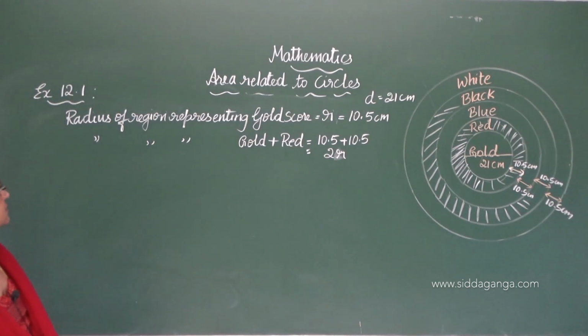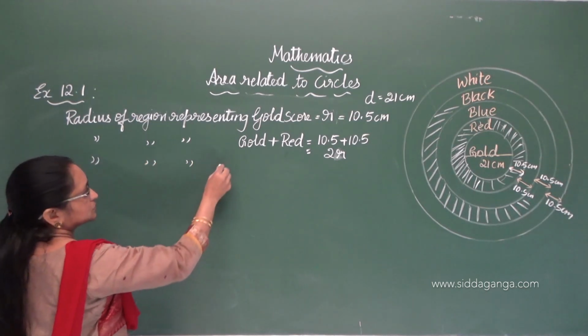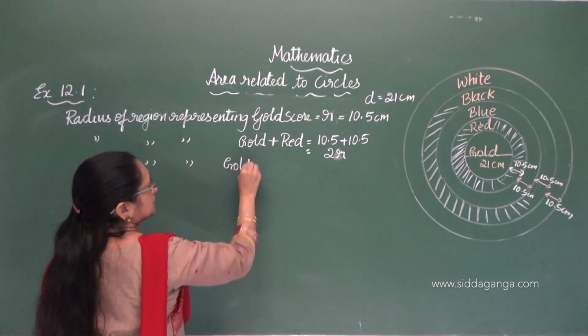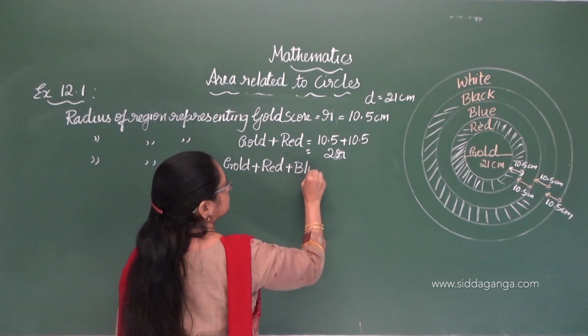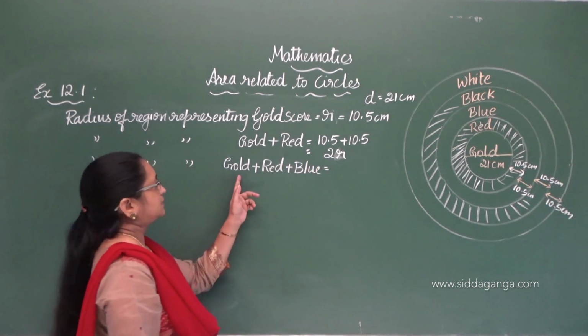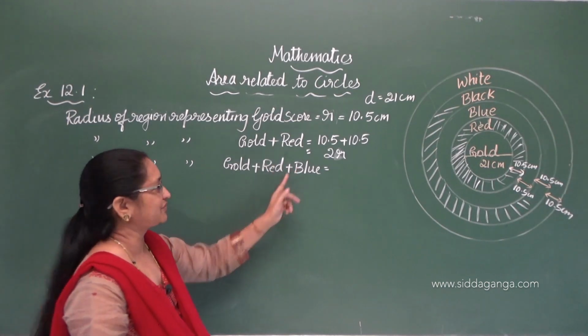Next, the radius of the region representing gold plus red plus blue. So this will be 10.5 plus 10.5 plus 10.5.